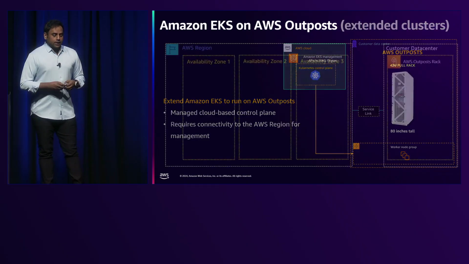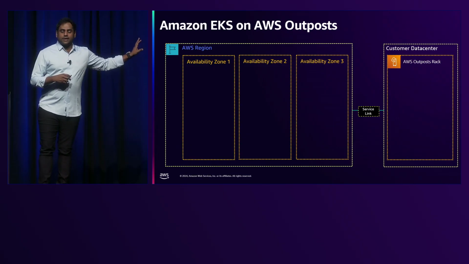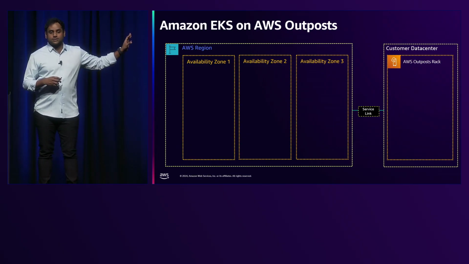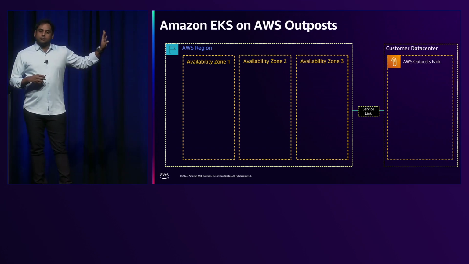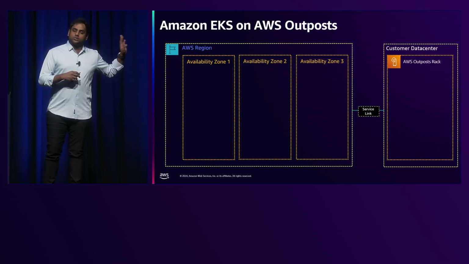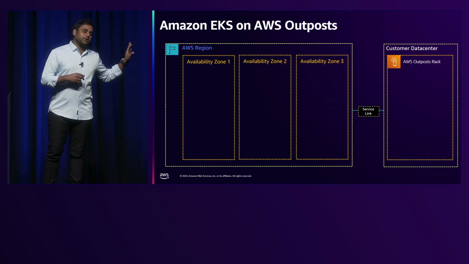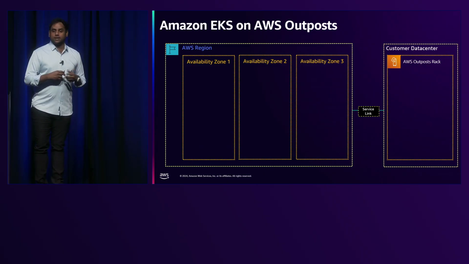So let us see how the architecture is laid out for the extended clusters that we have just discussed. Customers start by ordering an Outpost rack, and this AWS Outpost rack is shipped to the customer's own data center and gets connected back to the region using a service link approach.